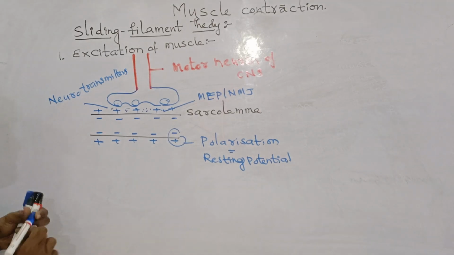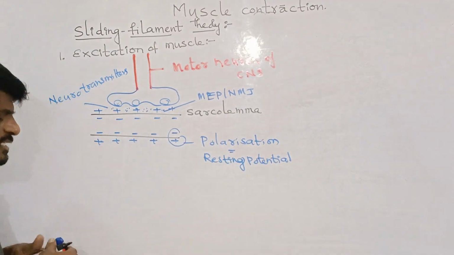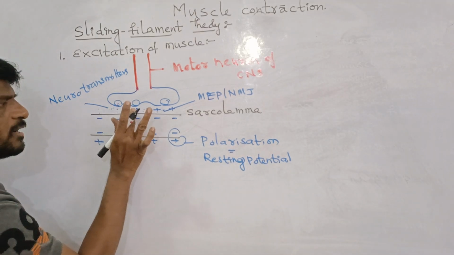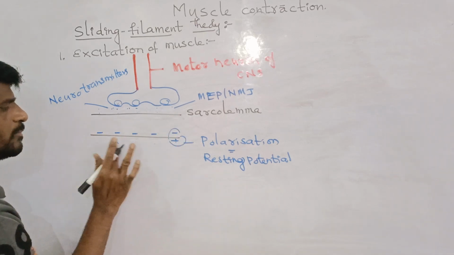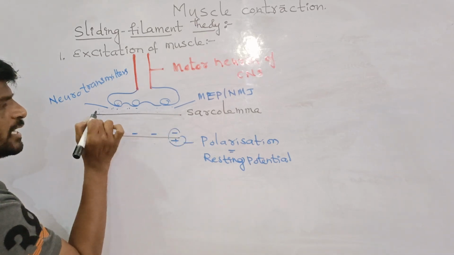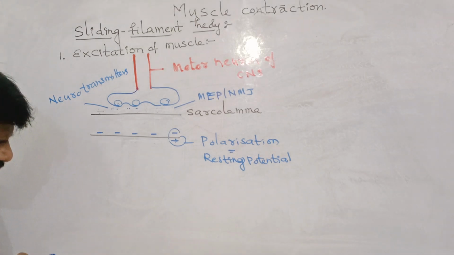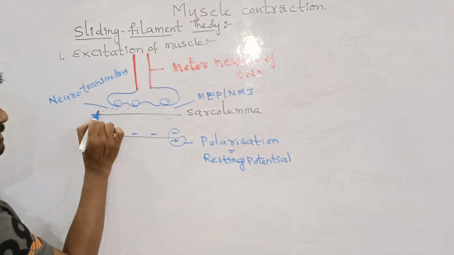Because of the neurotransmitters, the sarcolemma undergoes depolarization. There is a change in the membrane potential. When the sodium ionic influx occurs, there is a change in the membrane potential: the outside becomes negative.